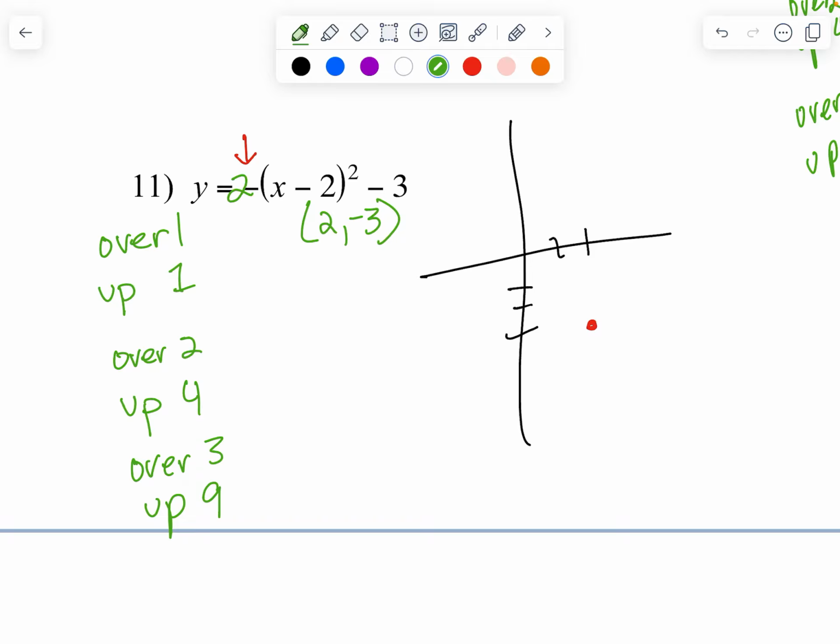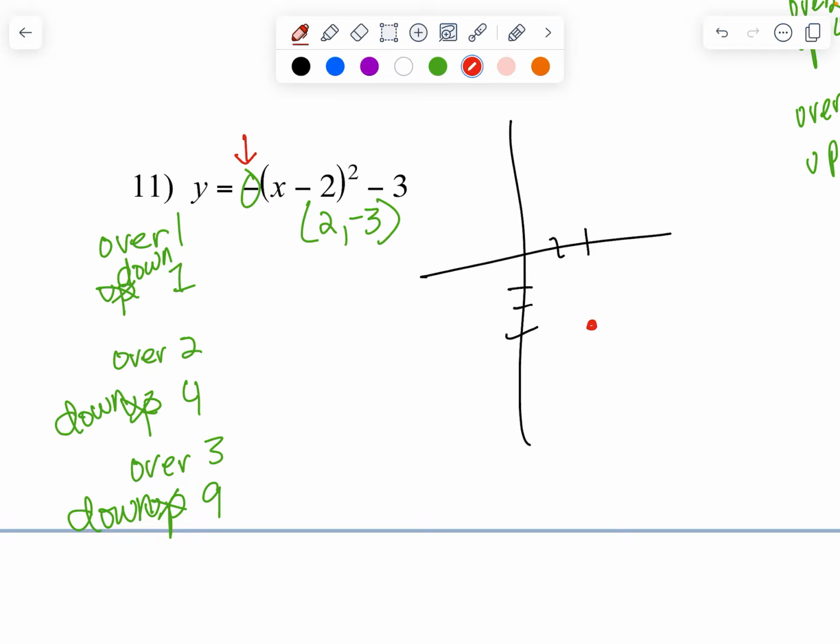Like if you had a 2 here, you would multiply everything by 2. Or if you had a 3, you multiply all the ups by 3. Well, what's going to happen here, because it's negative, instead of going up, we're going to go down. When you have a negative, you go down.